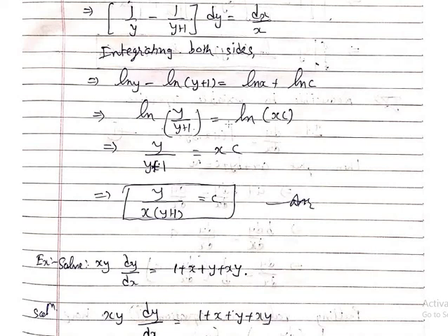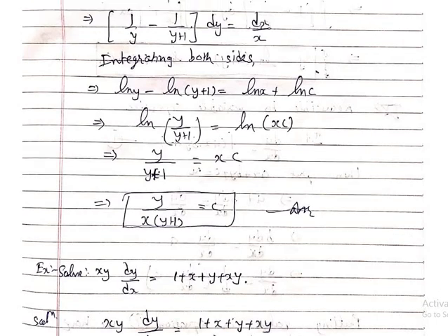So it is log xc. Removing log on both sides, that will give you y upon y plus 1 is equal to xc, and that will give y upon x into y plus 1 is equal to c.